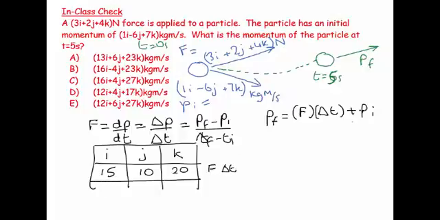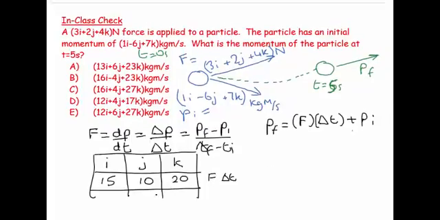And then the next term I need to do is I need to talk about p initial. My initial momentum is there. So that's 1, and that's minus 6, and that's 7. And this is p initial. And this operator there tells me to add these two together.